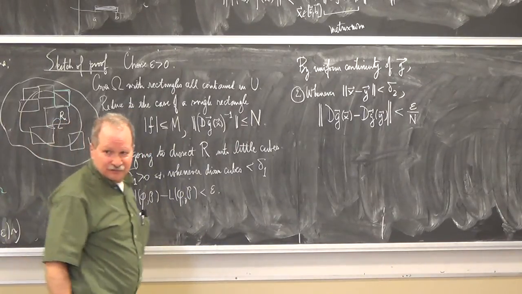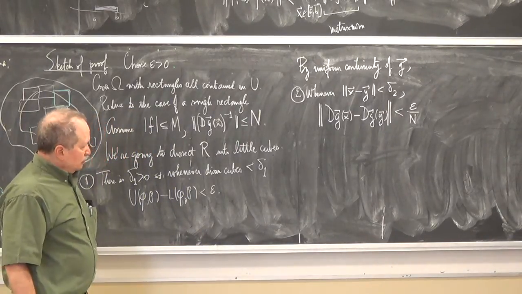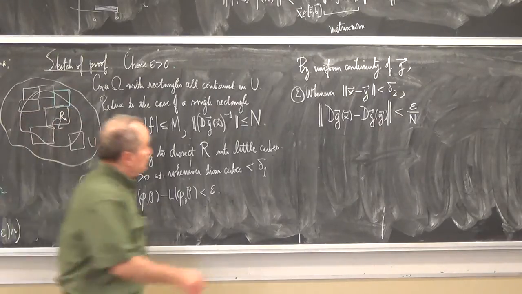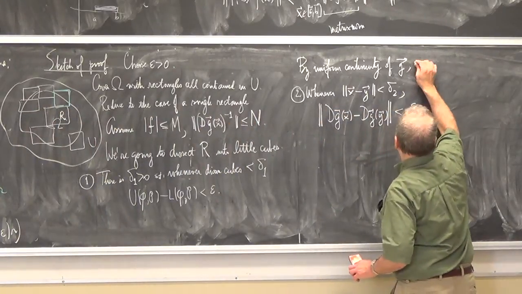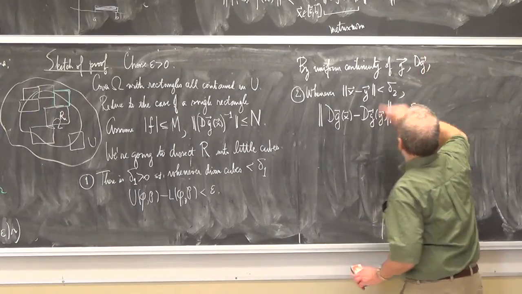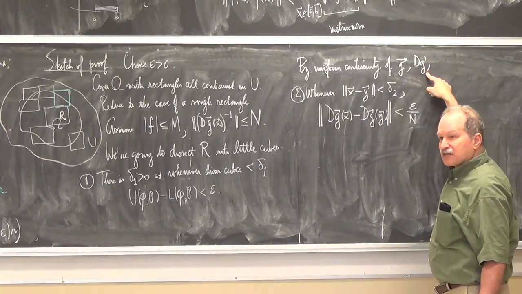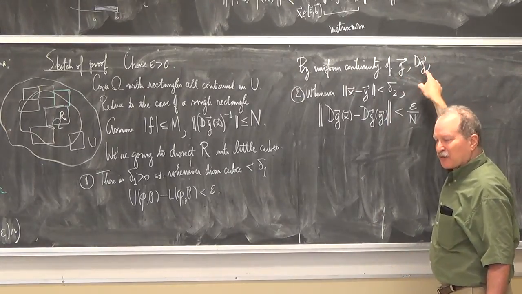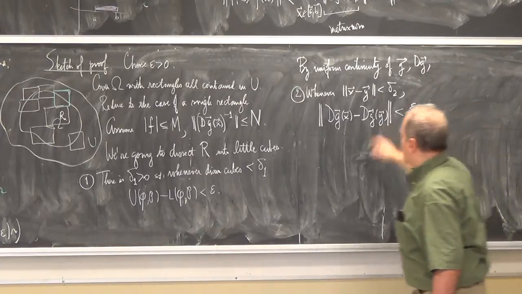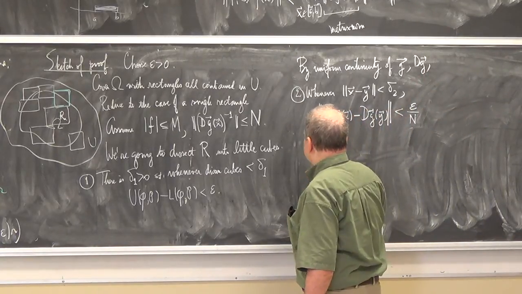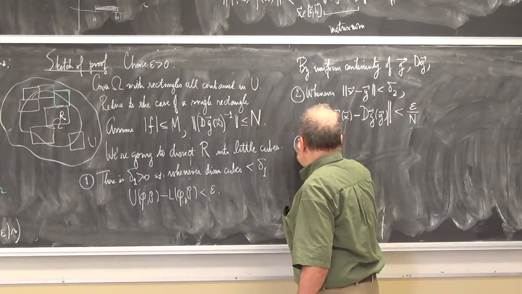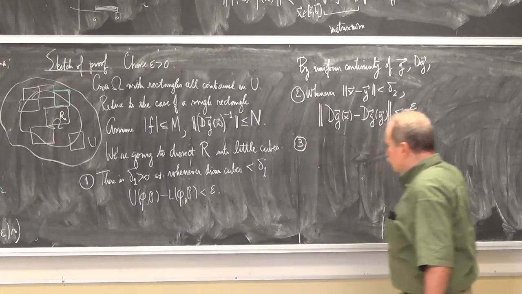Is that because we know the derivative matrix is continuous? Yes. G is C1, that means the derivative is continuous. So by uniform continuity, I'm applying this. And we know that the inverse of the derivative is an invertible matrix because it's 1-to-1.